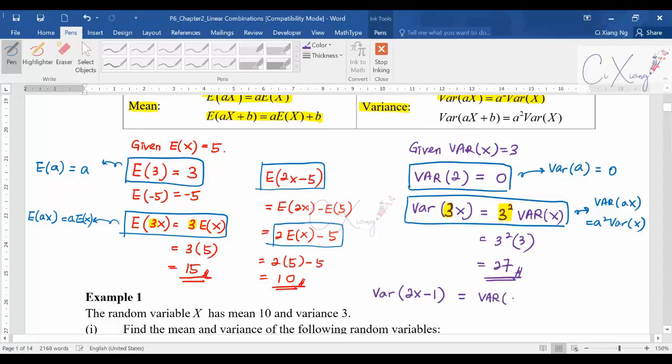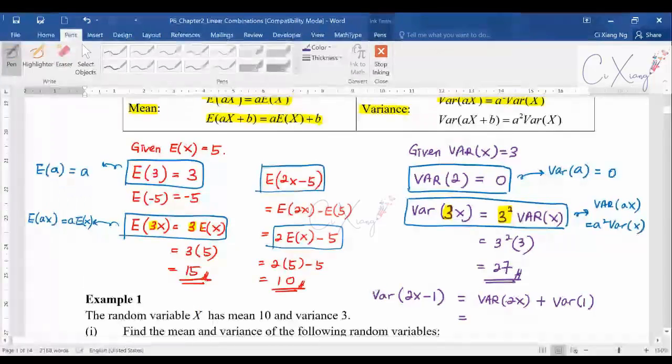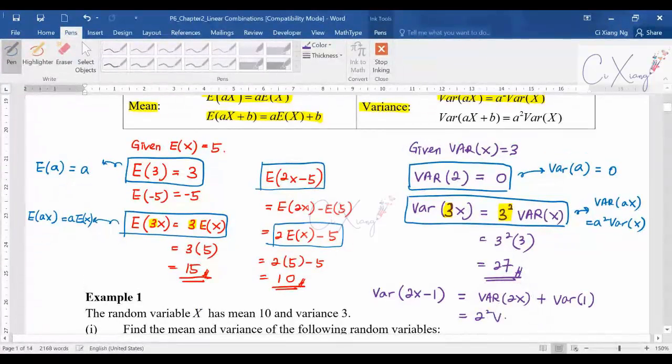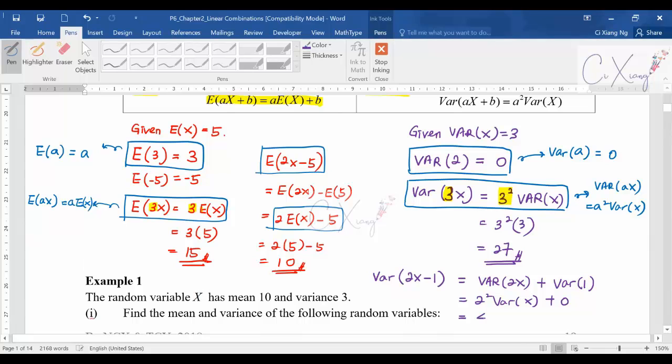So you have variance 2x plus variance 1. And after that, you take the 2 out from the variance. So you have 2 squared variance x plus 0. If you continue further, you have 4 variance x. So 4 variance x means 4 times 3, and you get 12.